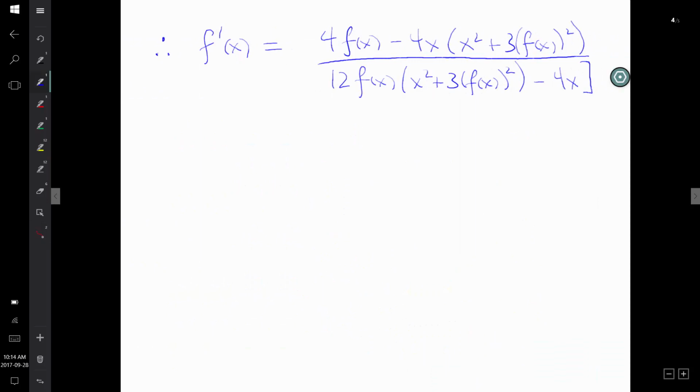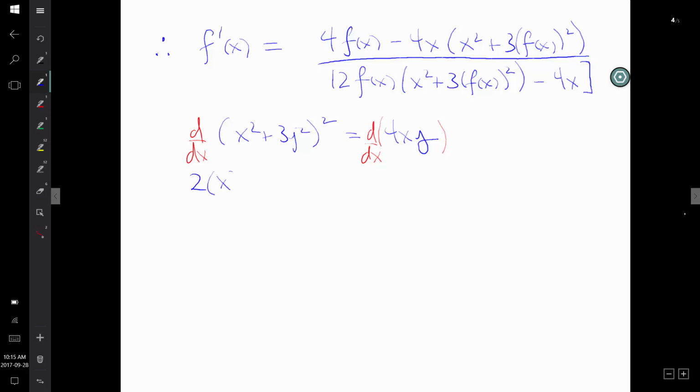So the way this looks is you start with your equation, x squared plus 3y squared, squared, equals 4xy. You take the derivative of both sides. Okay? And so the first thing I have to do on the left is the chain rule.